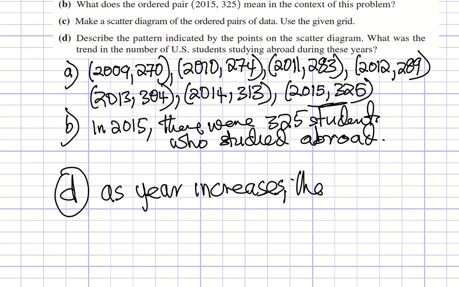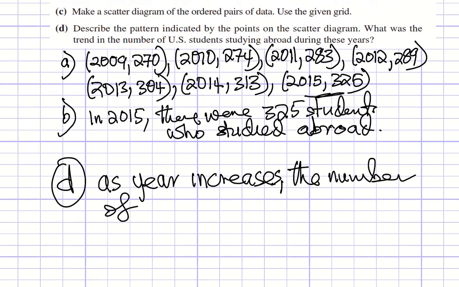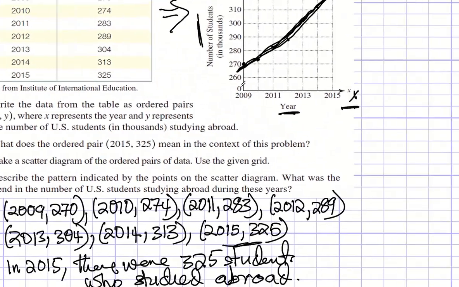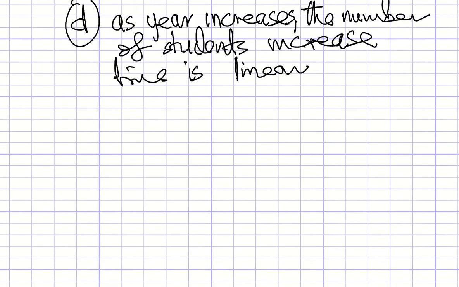The line is linear. That's the pattern. The line is linear, so that's all you have to say. It's approximately linear, not quite linear. Maybe I made a mistake. I don't really know. That's what it is asking you.